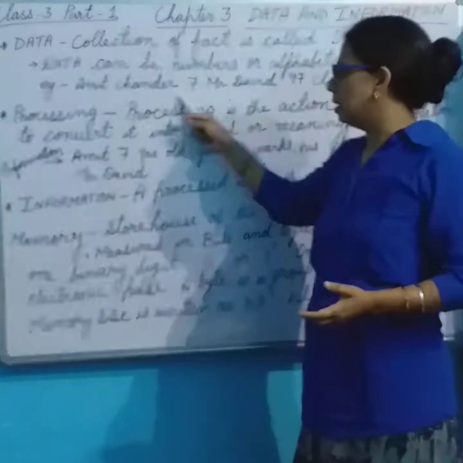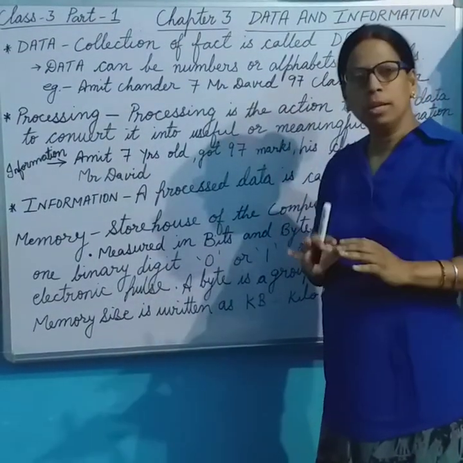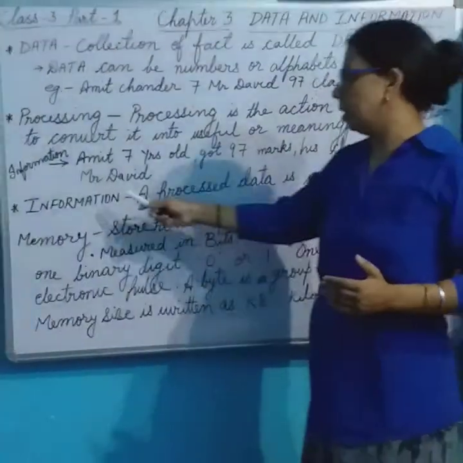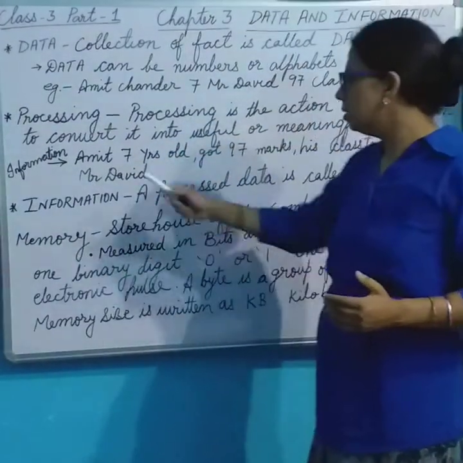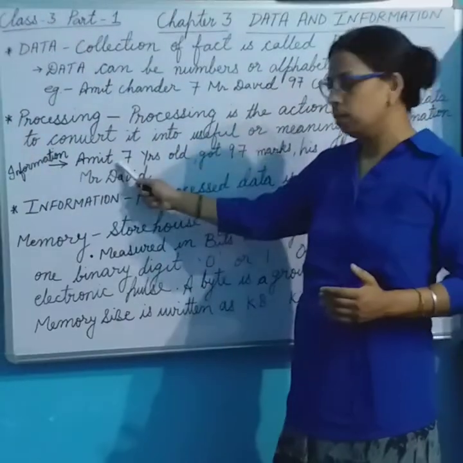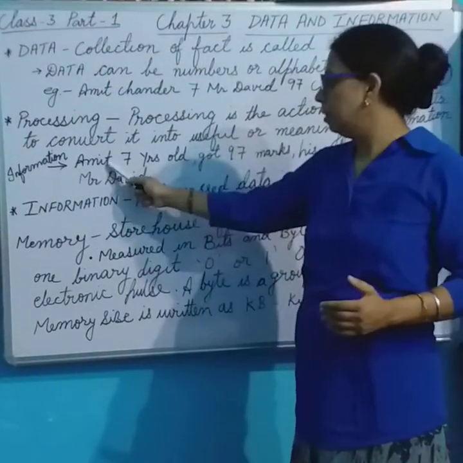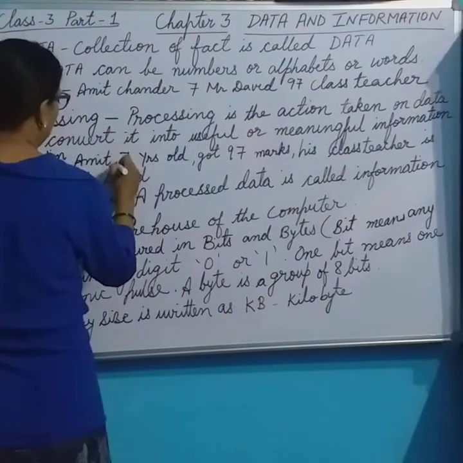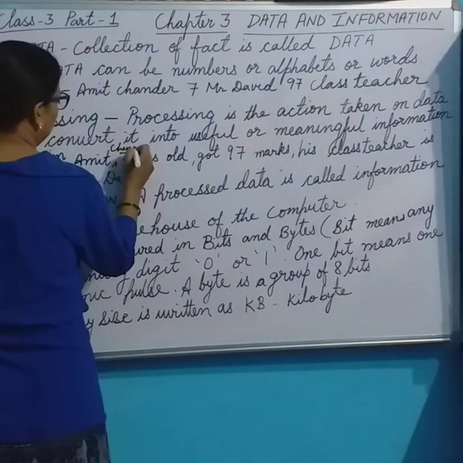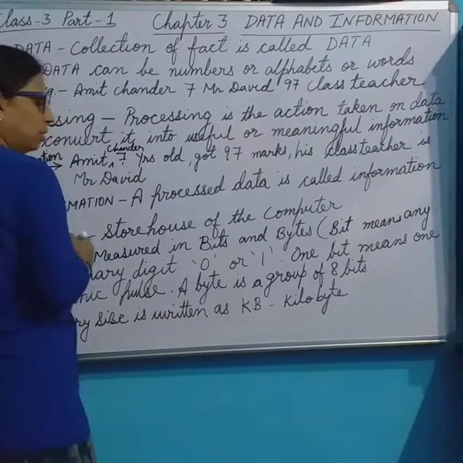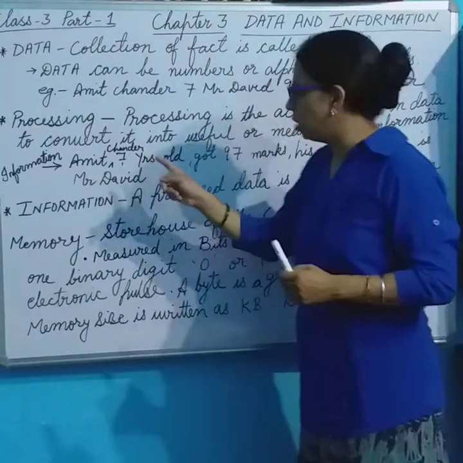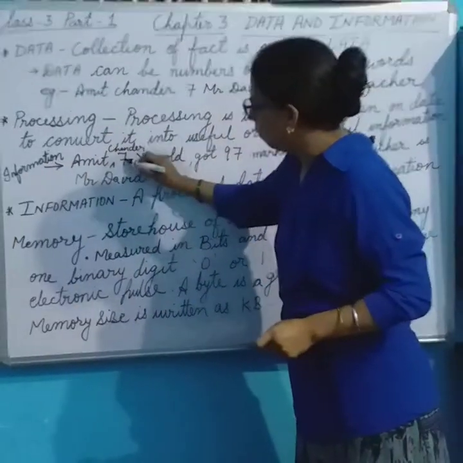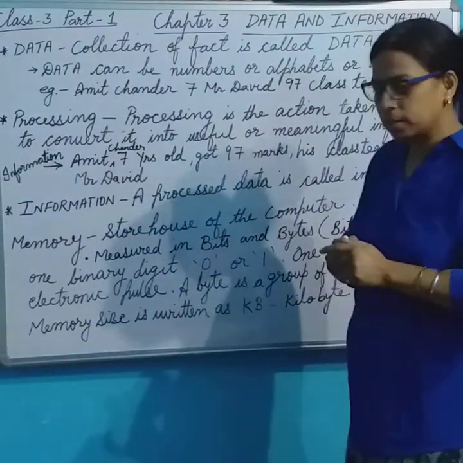Now on this data, processing will be done according to the need. Whatever processing is done, after that we get the information. Now what is the information here after processing? Amit Chandar is the name of a child who is 7 years old. This is the information which we got after processing.